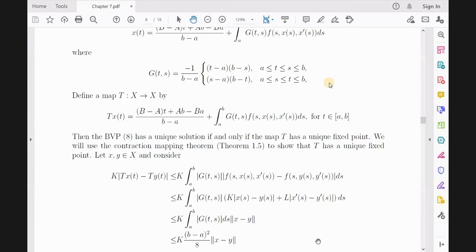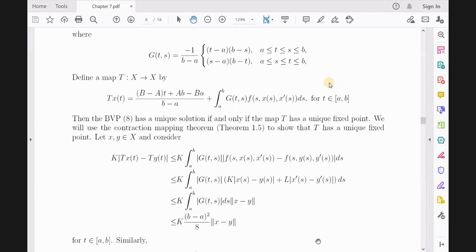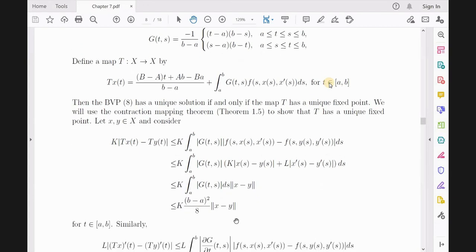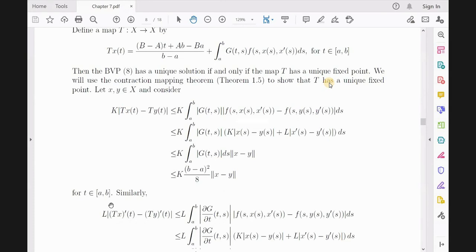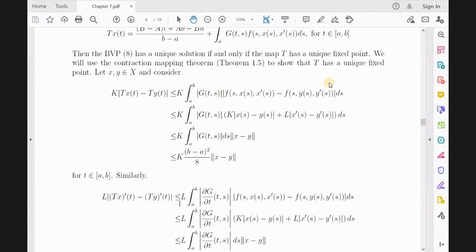Also, consider L into |(Tx)'(t) minus (Ty)'(t)|, which is less or equal to integral from a to b of |partial G over partial t of (t, s)| into |f(s, x(s), x'(s)) minus f(s, y(s), y'(s))| ds.